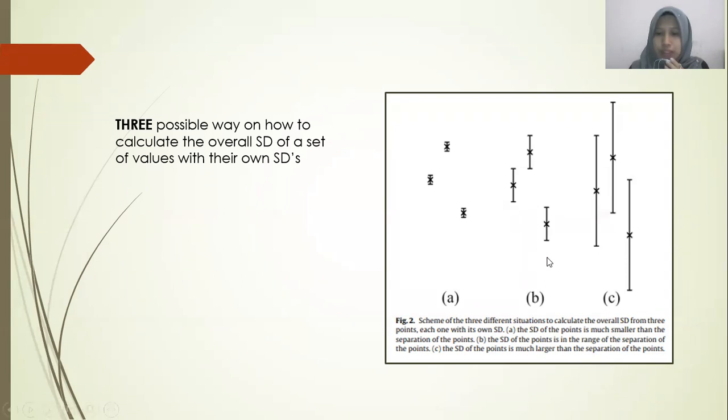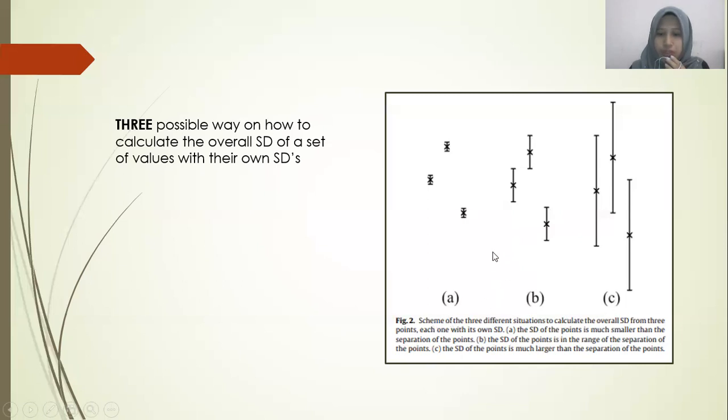So in the intermediate situation, in B, the standard deviation of the points is in the range of the separations of the points.